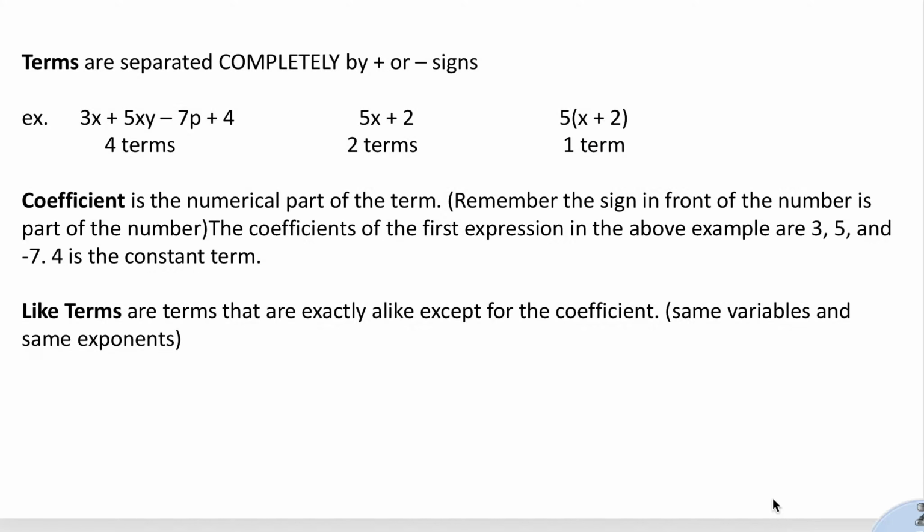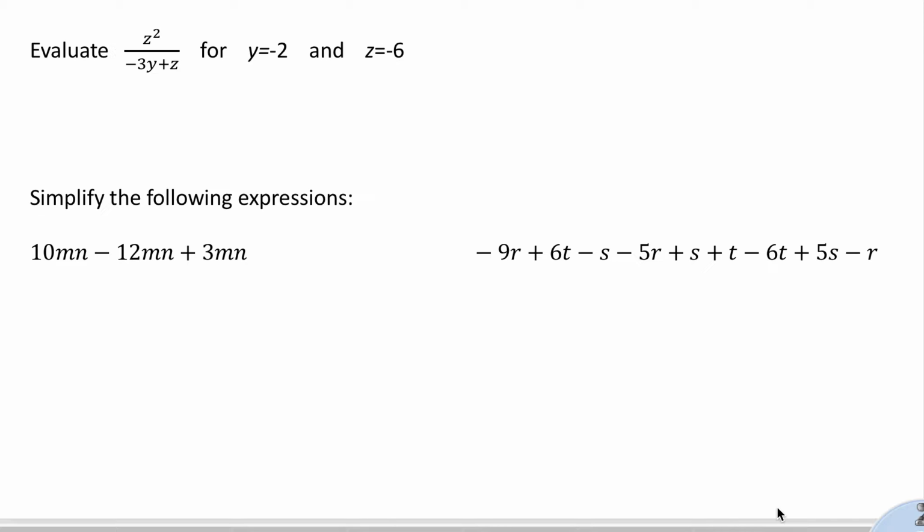And when we are dealing with expressions, we cannot solve them. We can only evaluate or simplify. Evaluating means we have to be told what the variable is. So I can evaluate this expression, notice no equal sign, if I know that y is -2 and z is -6.